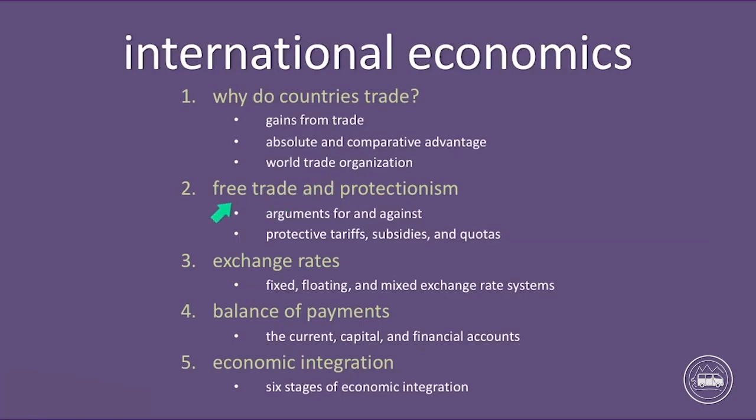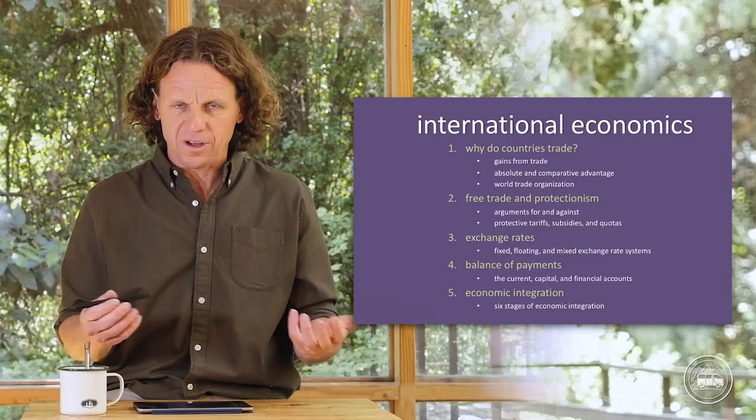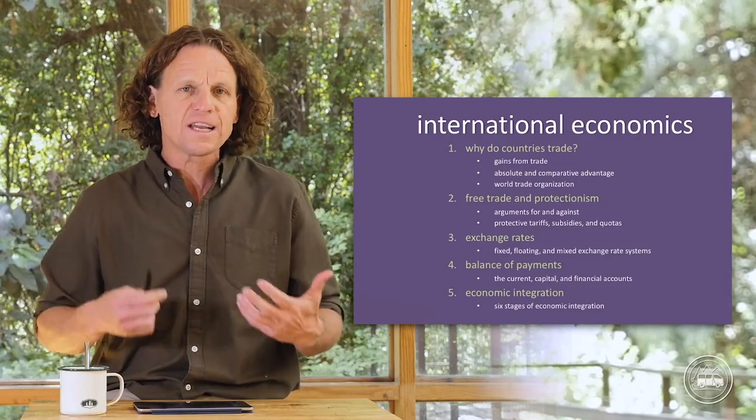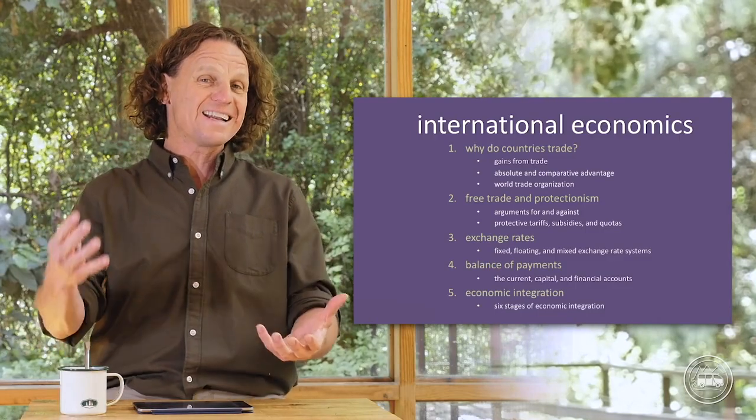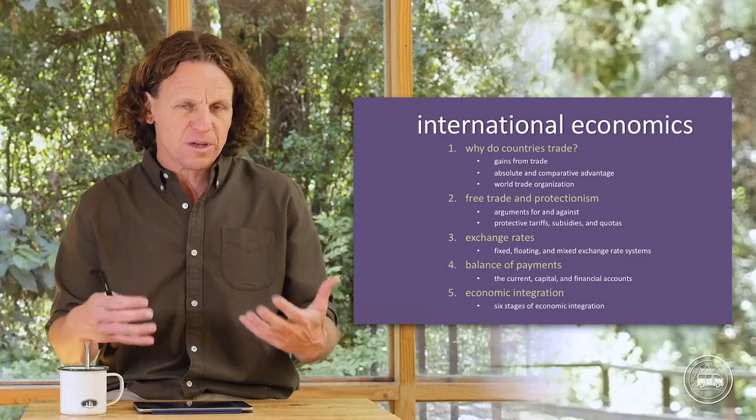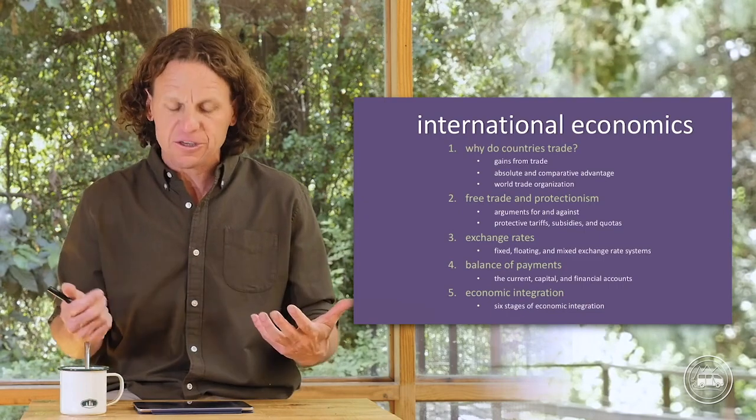Chapter 2, we'll take a look at free trade, what that means, what the benefits of free trade are, the arguments for free trade, and of course the arguments against free trade. The arguments against free trade would be the arguments for protectionism. This is in the news a lot, with countries trying to make sure that their economies grow by trading with others, but not at the consequence of their own people, especially their workers, farmers or manufacturing sectors.